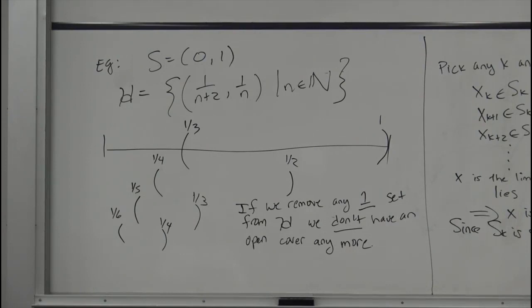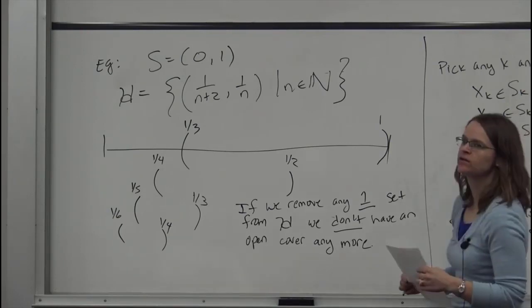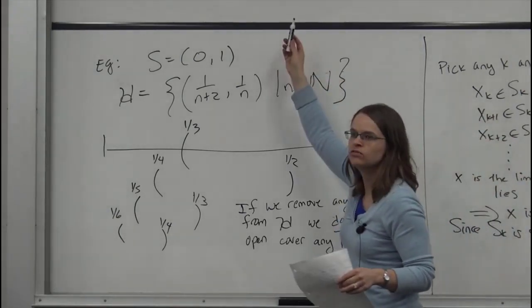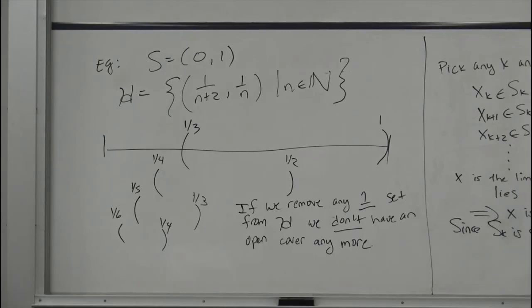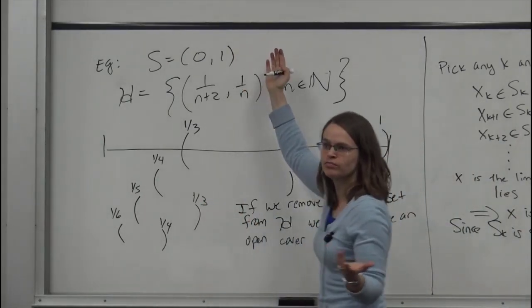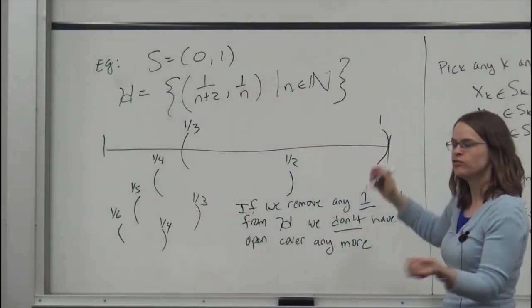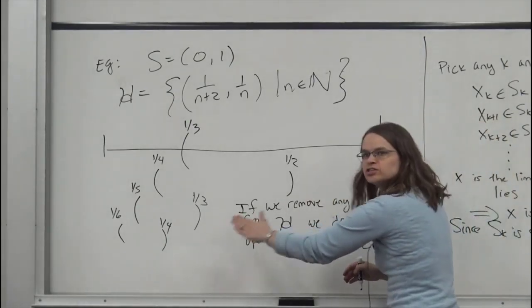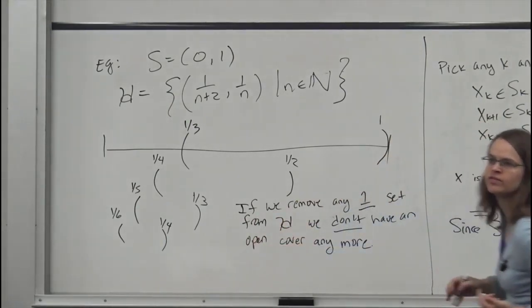So it turns out if a set is compact, you can remove sets. You can remove lots of sets and get yourself down to only finitely many of these. Whereas for this open set, this non-compact set, and we know it's not compact, it's not closed, we can't just start pulling sets out, or at least we're not guaranteed to. Of course, there's other ways of coming up with open covers. I could say my open cover is just the set itself, one set. You can do that. But there's also ways of finding these more pathological covers where I just can't start removing sets. I just can't.